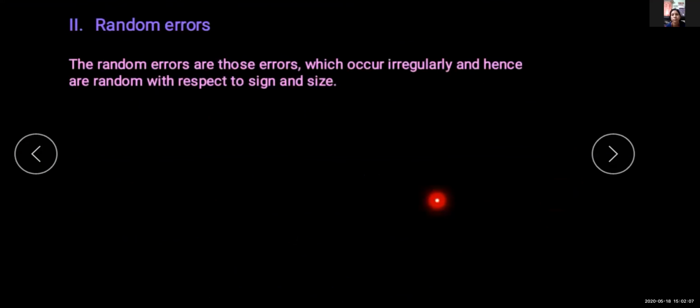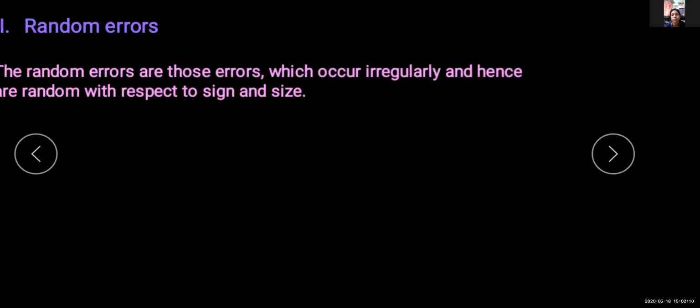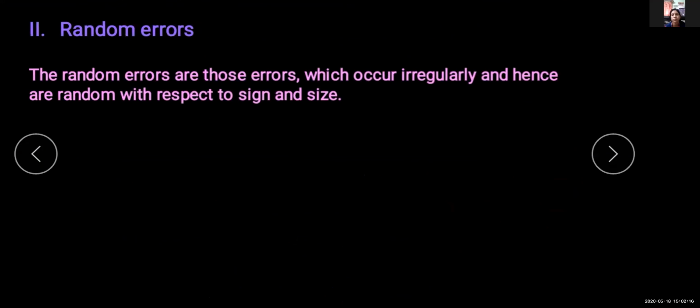Second is random error. So let's talk about random error. Random errors are those errors which occur irregularly and hence are random with respect to size and sign. Or we can say random error arises due to small changes in the conditions of the experiment or incorrect observation in taking readings.